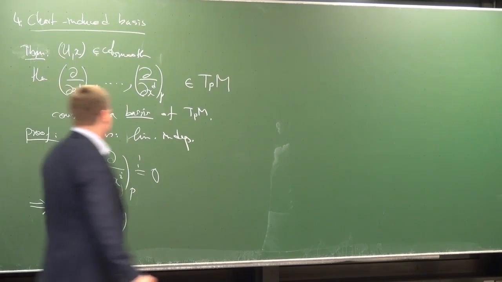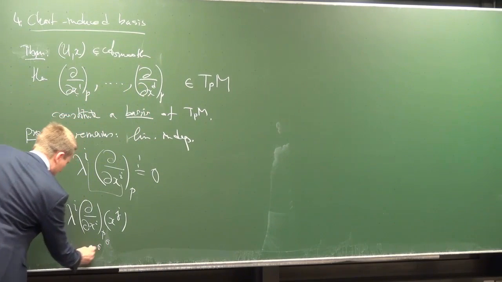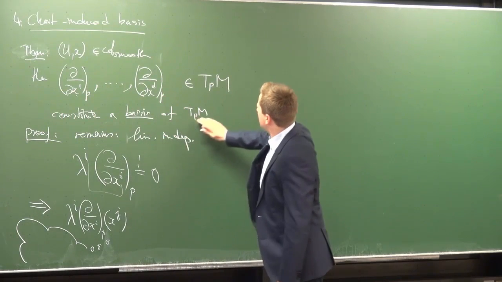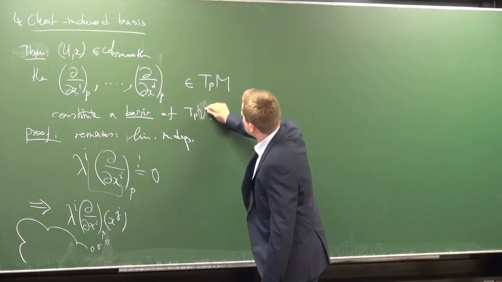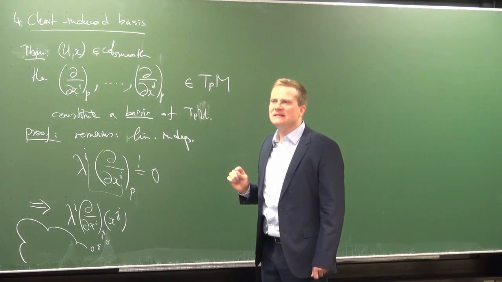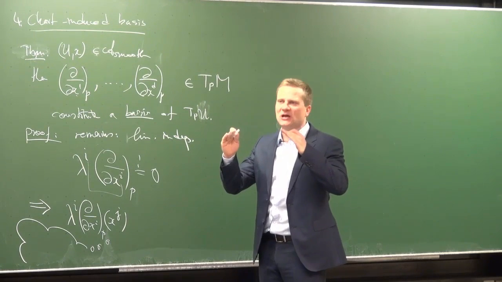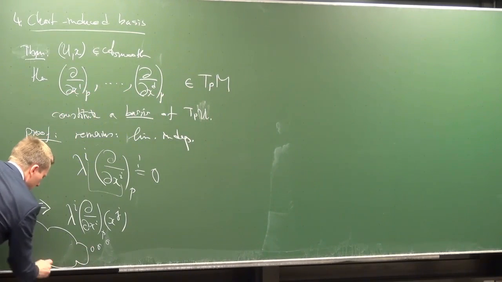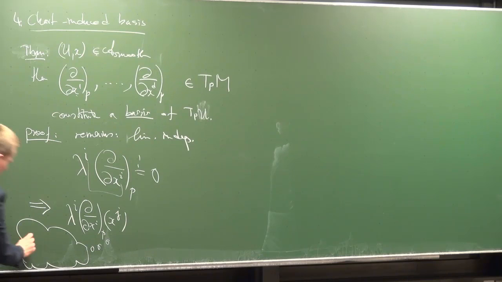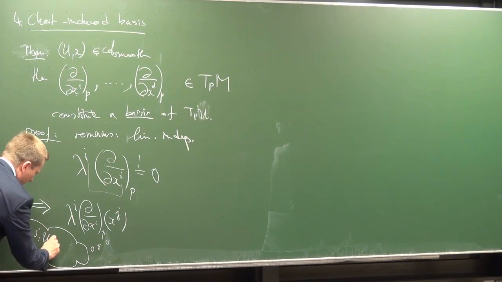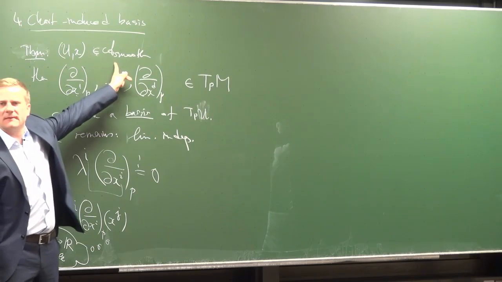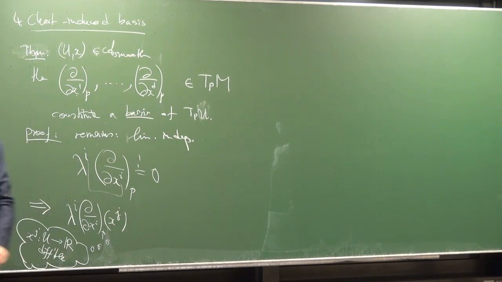And in the tutorials you learned that the jth coordinate function, okay, I'm sorry, I said it constitutes a basis of TPM. It only constitutes a basis of the TPs that attach to the chart domain, right? Only in this area. We learned in the tutorials that the coordinate maps that go from U to R are differentiable with respect to the charts in this atlas, right?